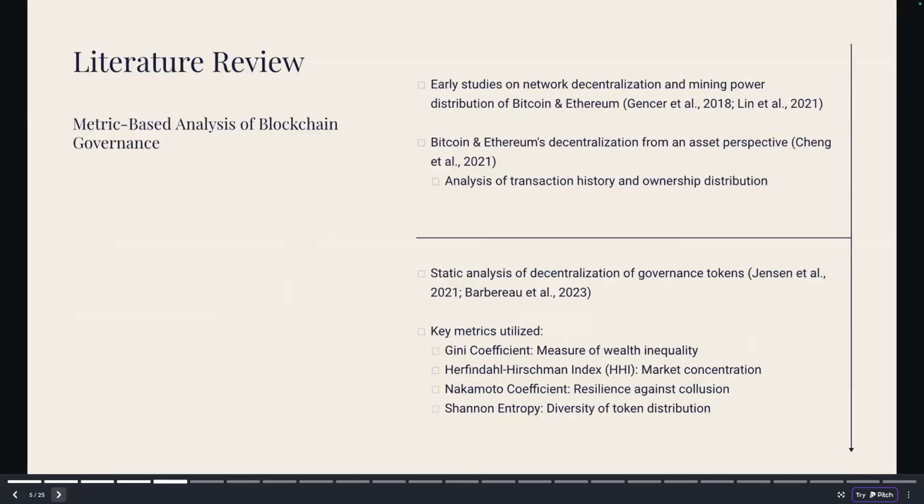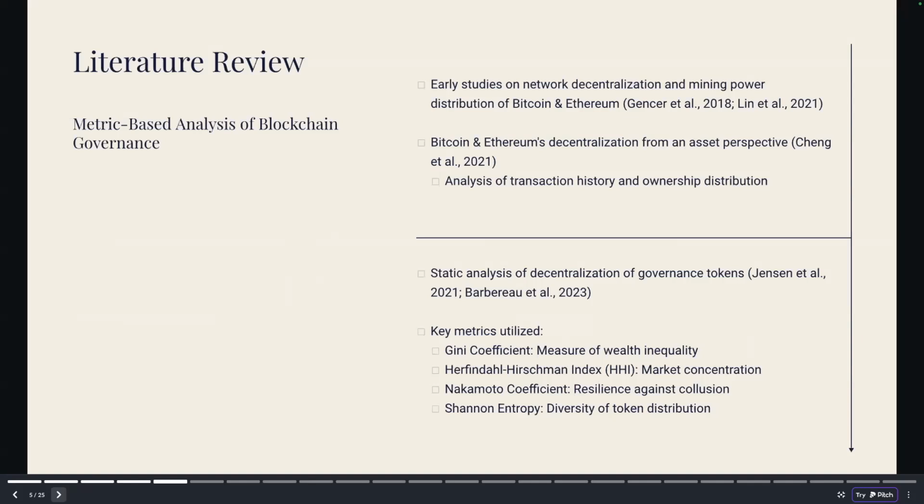I've conducted an extensive literature review. Some early studies focus primarily on network decentralization and mining power distribution, focusing on Bitcoin and Ethereum. Then there are some studies looking at Bitcoin and Ethereum from an asset perspective.